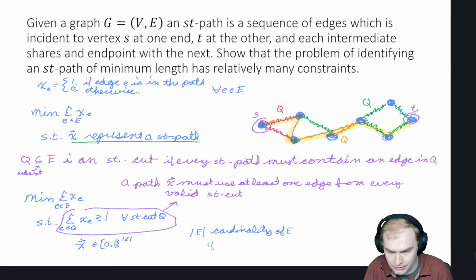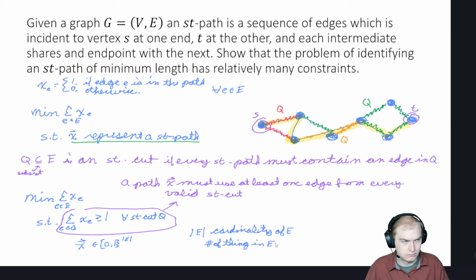And that's just the number of things in E. So translating this just means that we have an x sub E for everything in E. So each of those has to take a value 0, 1.